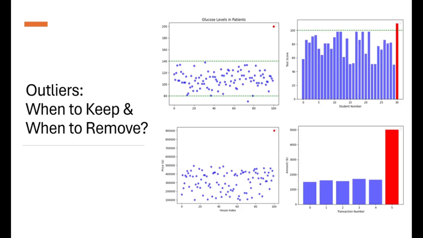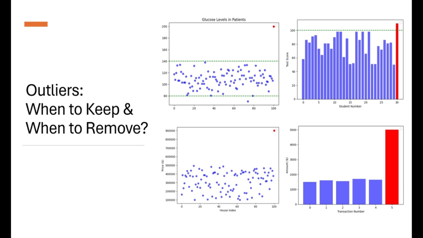First of all, I want to discuss whether to remove an outlier or we should keep it, because outliers are not always errors. They sometimes provide helpful information in detecting something. This figure shows the glucose level of patients, and the red dot is an extremely high glucose level.